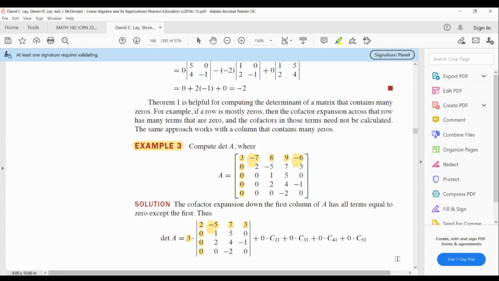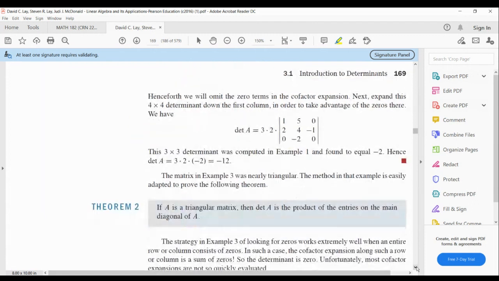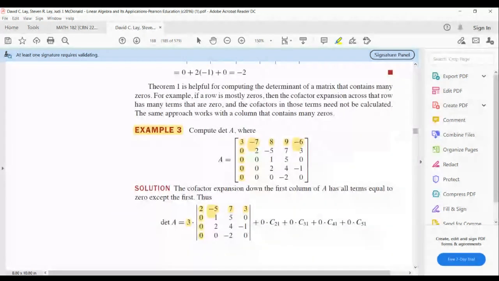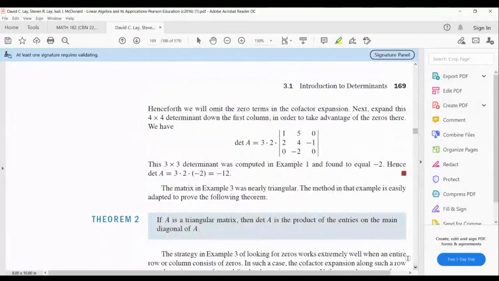Okay, and so now we have 3 times 2 times the determinant of the resulting submatrix.